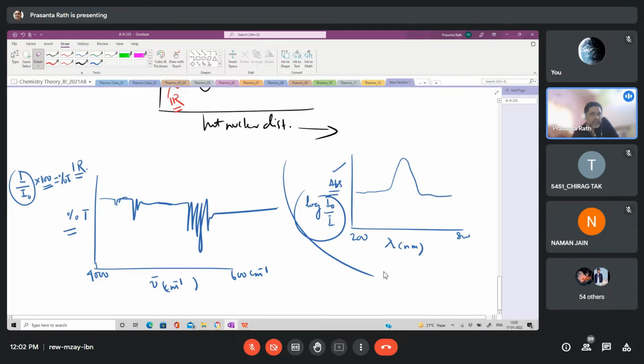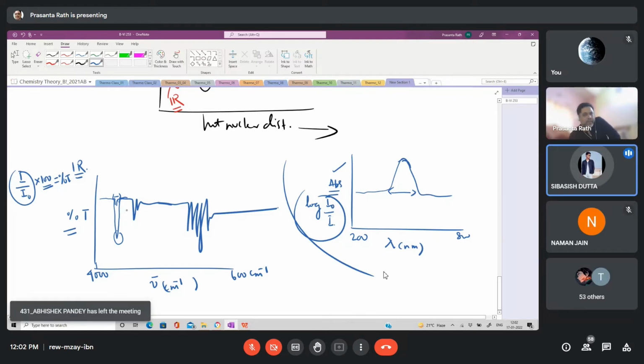Second thing is that ये जो है ज्यादा ब्रॉड है और राउंडेड टिप है. यहां पे आप देखोगे शार्प टिप है, ब्रॉडनेस थोड़ा कम है, बस इतना ही डिफरेंस है.